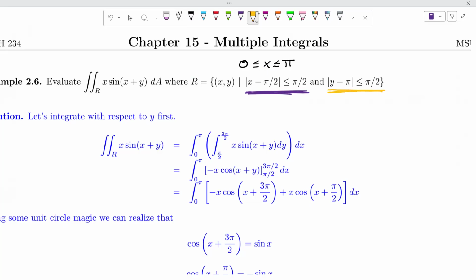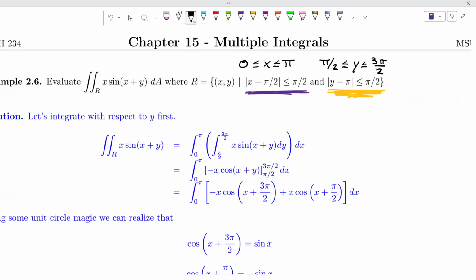Same thing with the y interval, except now not every number is pi over 2, so it might be easier to talk about this one. This time my center is at pi. So y's center value is at pi. That's right in the middle of its interval. And I'm again within pi over 2 of that center. I'm within pi over 2 of pi. So if I look to the left, that's pi over 2. And if I look to the right, I'm at 3 pi over 2.